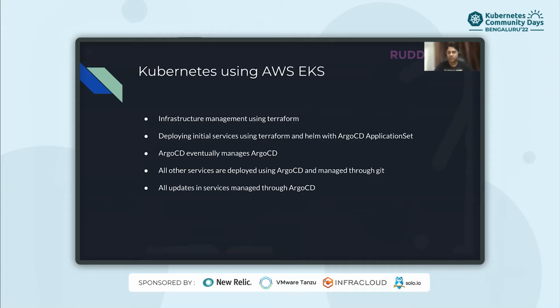We are using ApplicationSet, which comes with Argo CD, and it helps us create a base layer. Once networking and the EKS cluster are created, all the clusters register themselves to the Argo CD ApplicationSet, and Argo CD automatically deploys all the needed initial applications on our Kubernetes cluster.